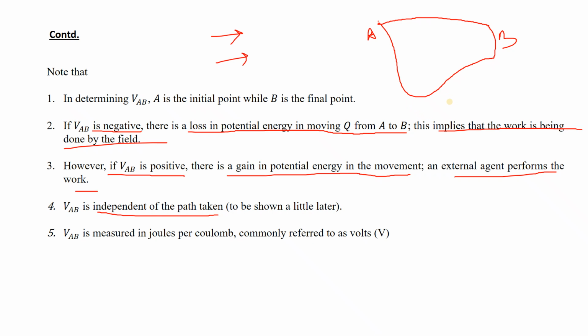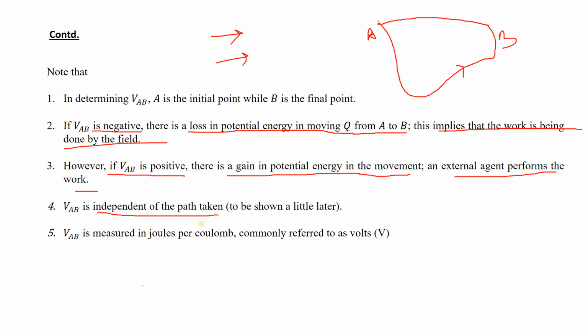If I move from A to B like this, then also the potential difference will be same, even though I have to travel more distance. Yes, even though the distance is more, the potential difference will be same because the force is also increasing.